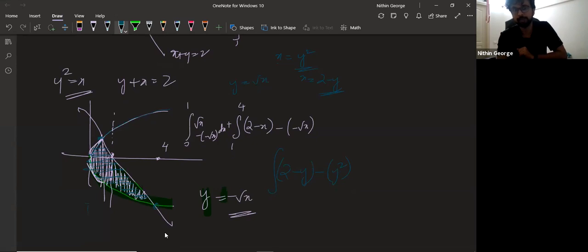We find the values of y at which they intersect. For that, you solve y square equal to 2 minus y. In other words, y square plus y minus 2 equal to 0. So (y plus 2)(y minus 1) equal to 0. So they meet at points 1 and minus 2.